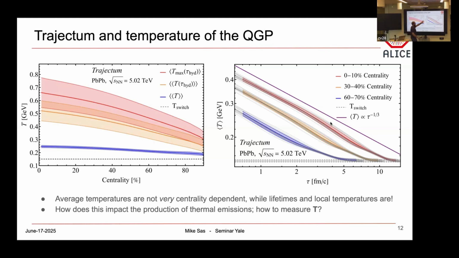And then you wash out these sort of things, right? I mean, at time equals 0, central collisions are much hotter than peripheral collisions, but if you average over the whole evolution, this gets a little bit washed out. And this is because the plasma, for a long time at a later stage, just spends more time being cooler, right?